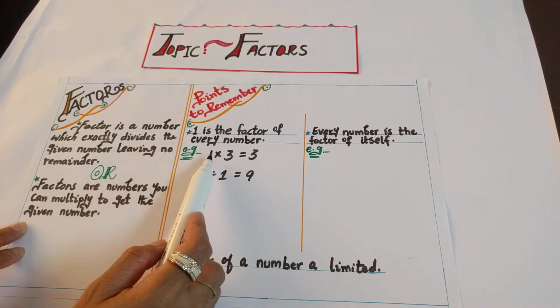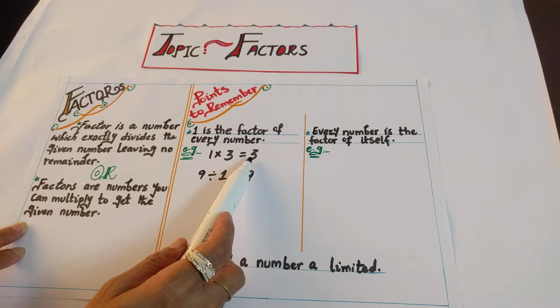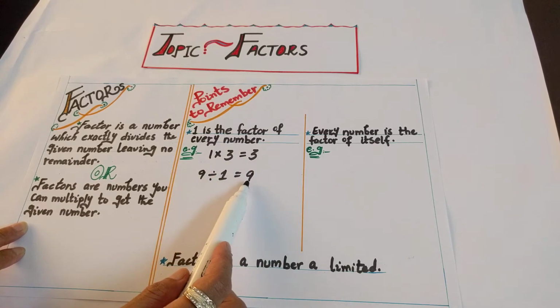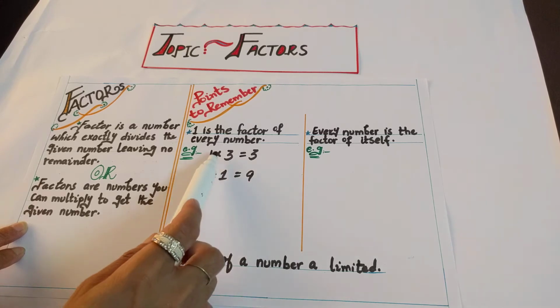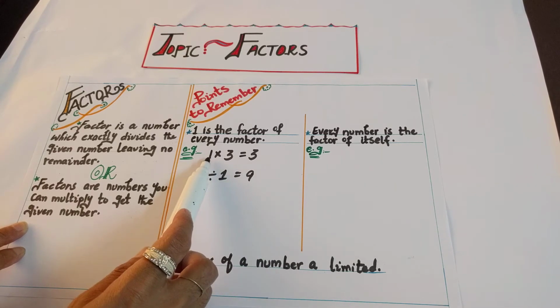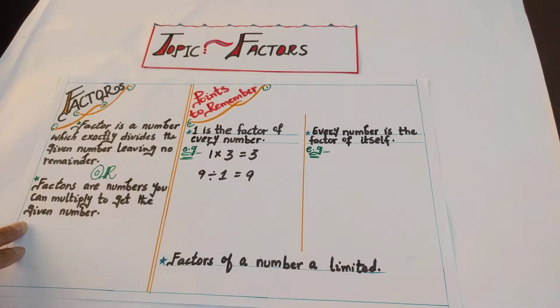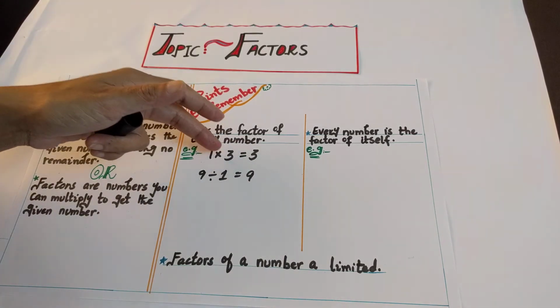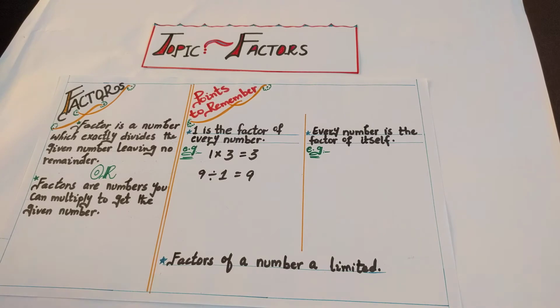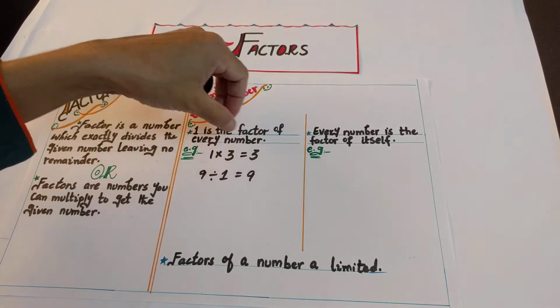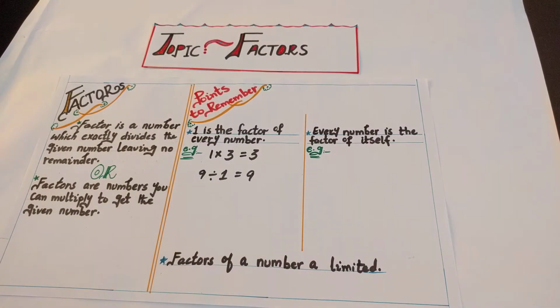Here by multiplying by 1 we get the number, and here by division we get the number itself. So by both methods it shows that 1 is a factor of every number. You can check it by multiplication or by the division method. By both methods you get the number itself. It means 1 is a factor of every number.